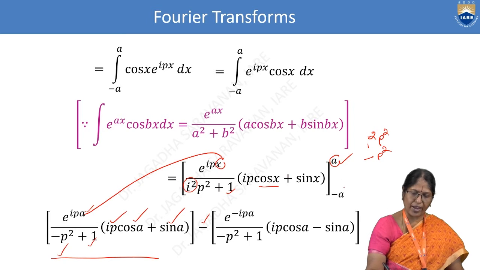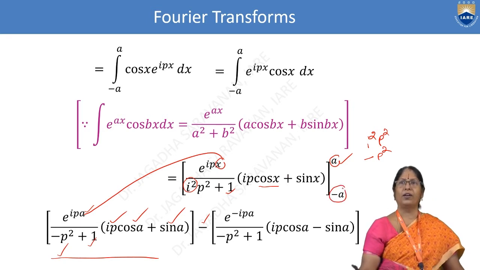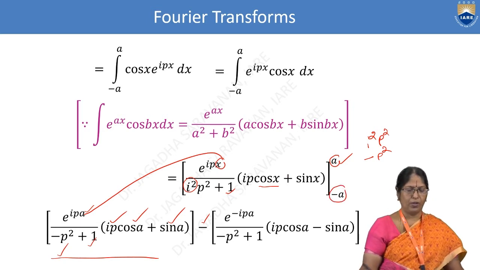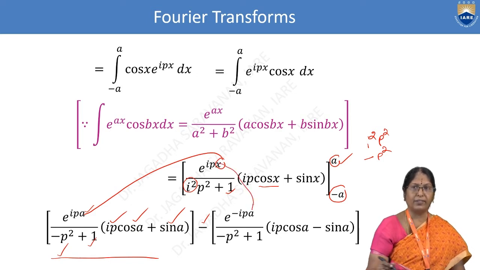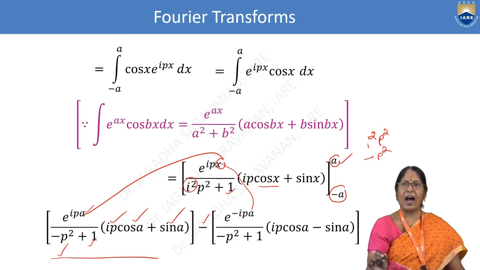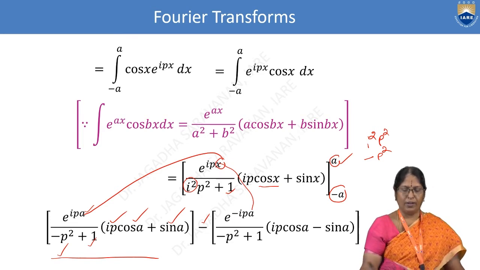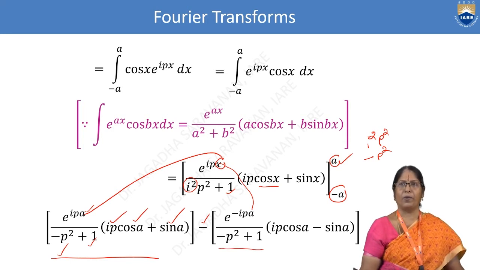In the place of x, we are going to substitute minus a. So now here x is taking the value minus a. That is the reason here e power minus ipa divided by minus p square plus 1.